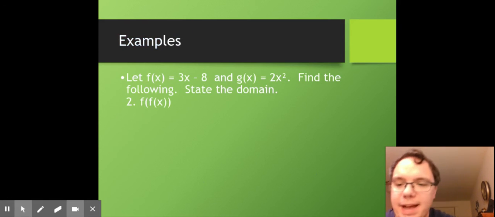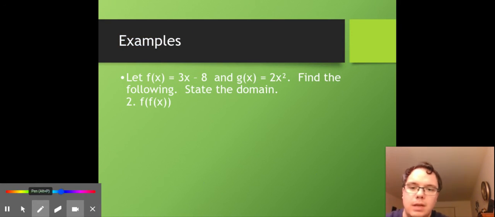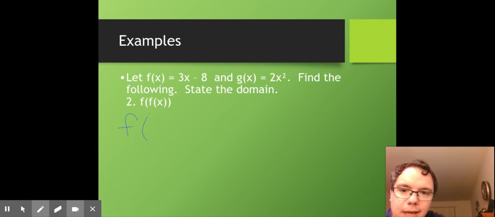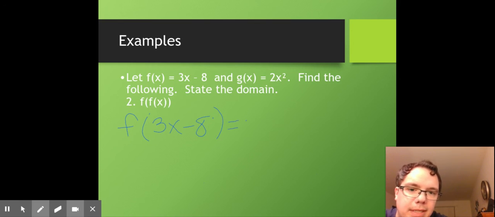All right, one last example. We're going to find f of f of x. So you can plug a function into itself. So we're going to take f of 3x minus 8. So that means in the f function, anytime I see an x, I'm going to replace it with 3x minus 8. So I'm going to get 3 times 3x minus 8, minus 8.